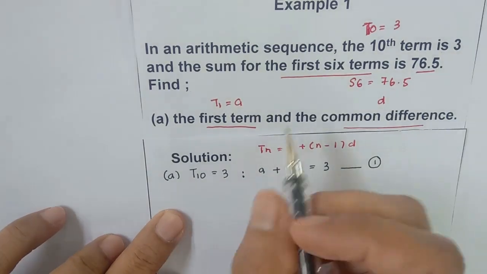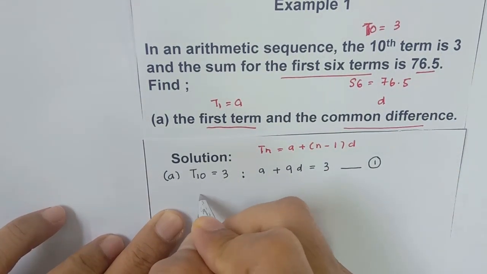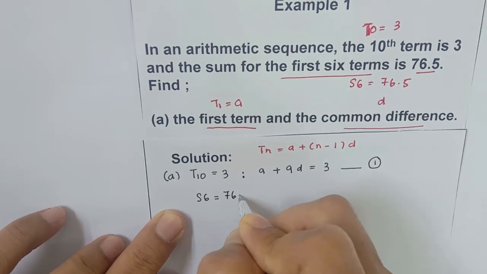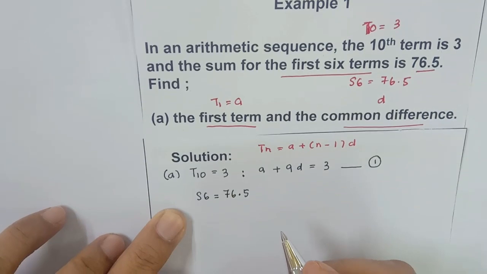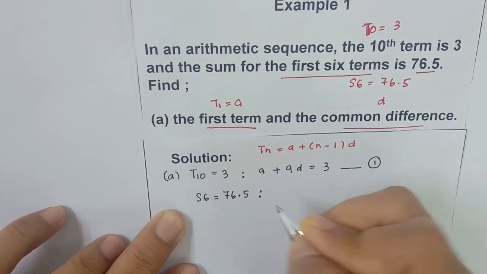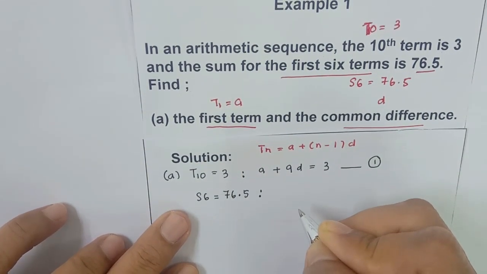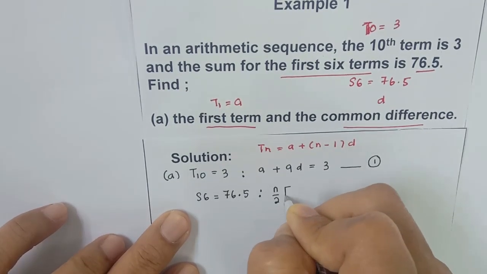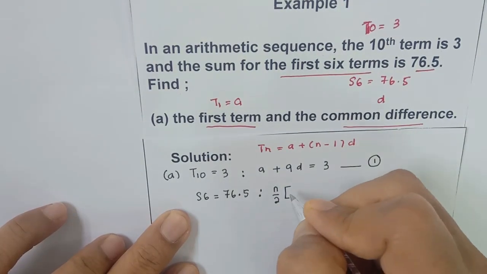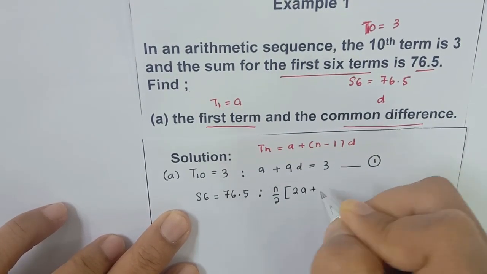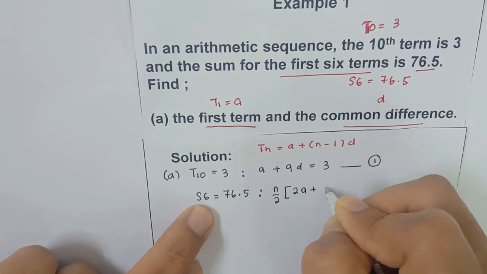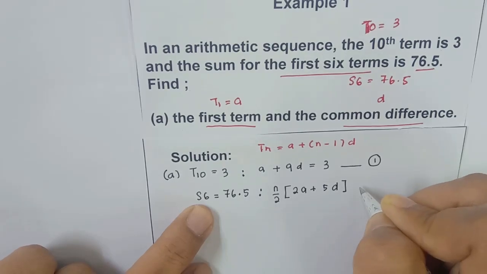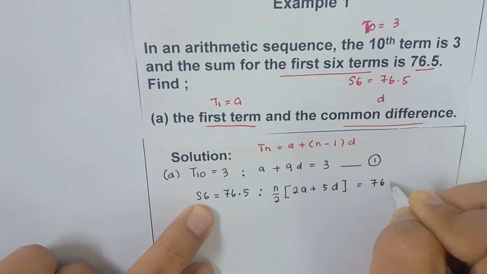And the question gives the sum of the first 6 terms, S6, equal to 76.5. Then using the Sn formula, Sn equal to n over 2 times 2a plus n minus 1 times d, where n is 6, so 5d, equal to 76.5.